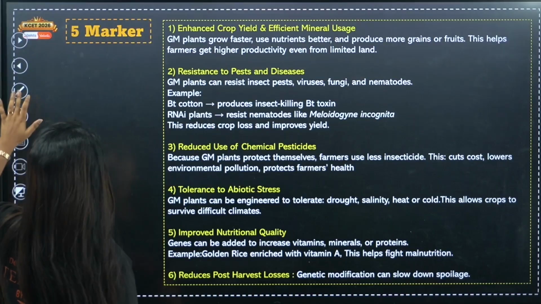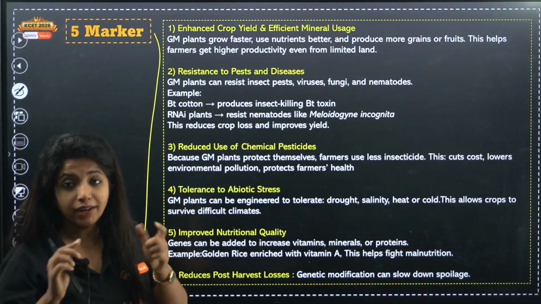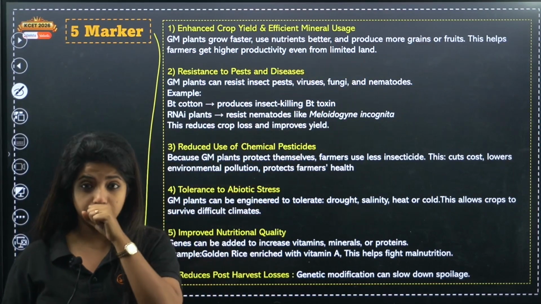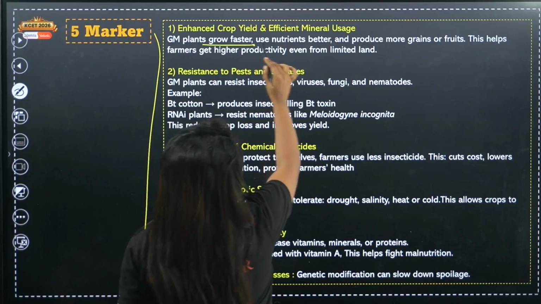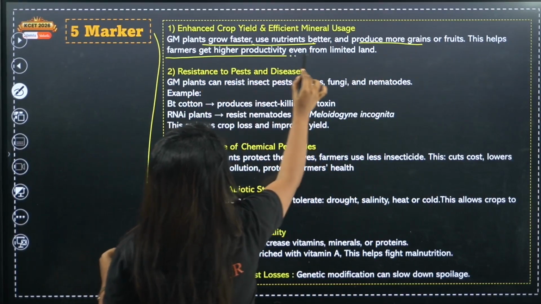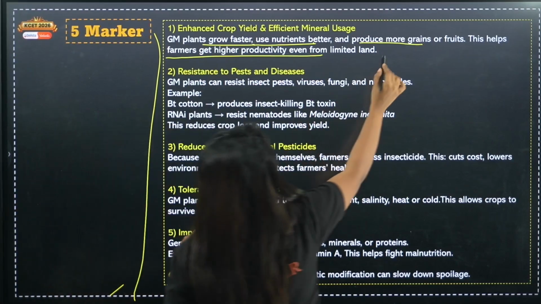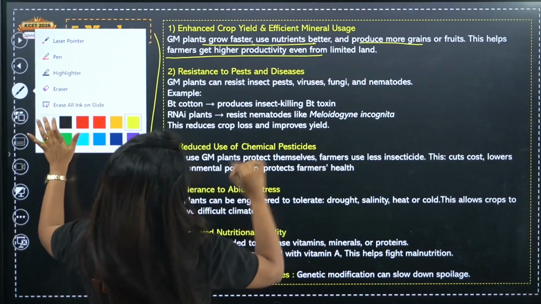That is the question. You have a few points here which you can refer to and which you need to write. First is enhanced crop yield and efficient mineral usage. Genetically modified plants grow faster, use nutrients better and produce more grains or fruits. This helps farmers get higher productivity even with limited land. Not just limited land, also minerals.